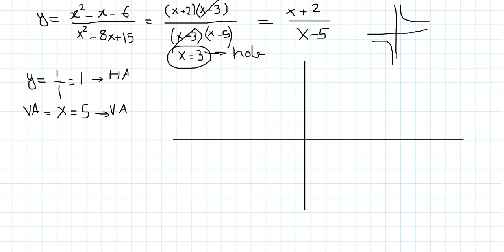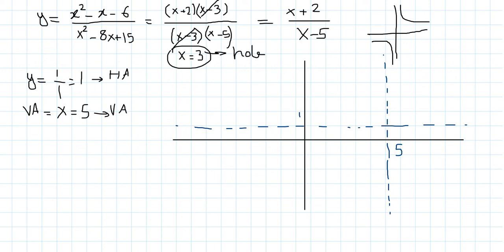Now let's draw the asymptotes, and I know in x equal 3 I have a hole. Y equal 1 is the first asymptote, so it is 1, and x equal 5. Suppose that here is x equal 5, my vertical asymptote, and now I can easily draw it.